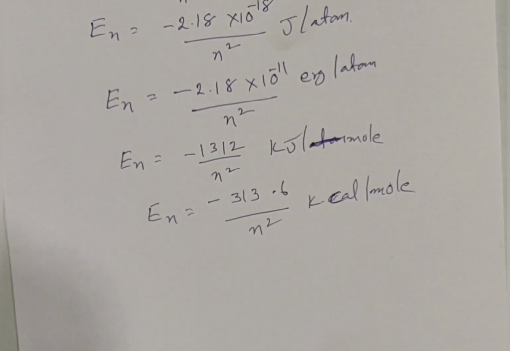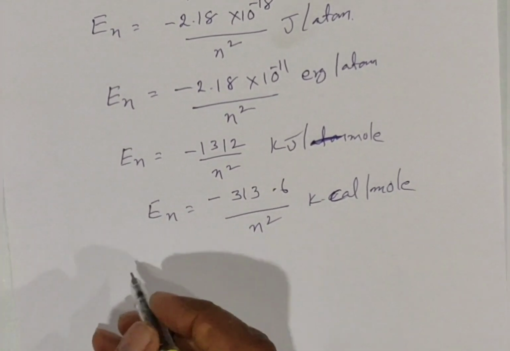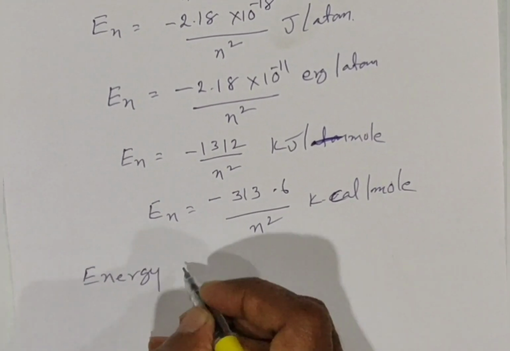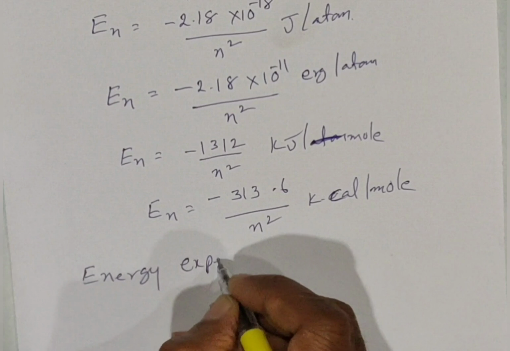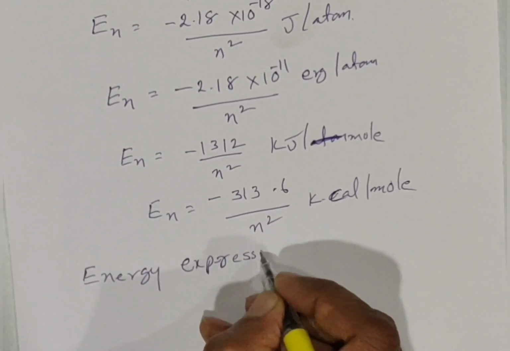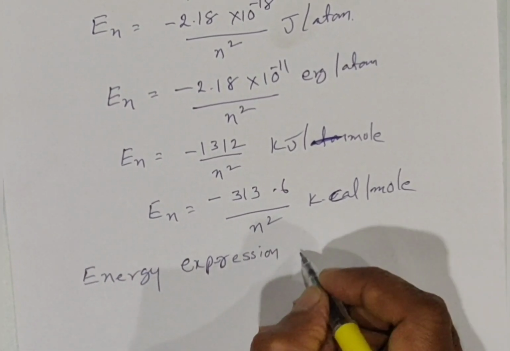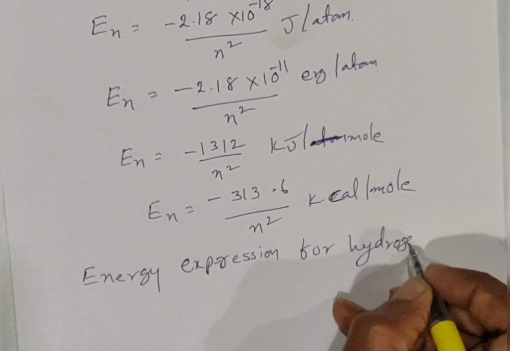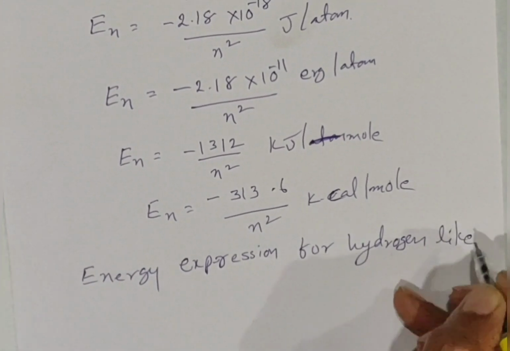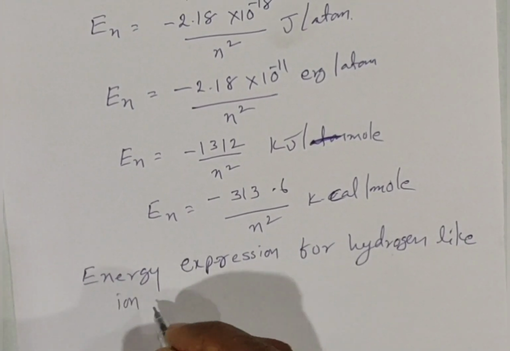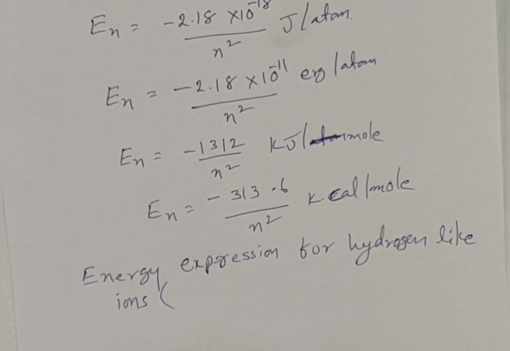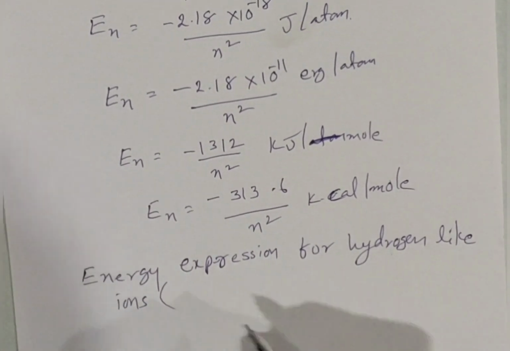Then here you have to remember one more energy expression for hydrogen-like ions. That means hydrogen has only one electron, and these ions also have only one electron in their valence shell.